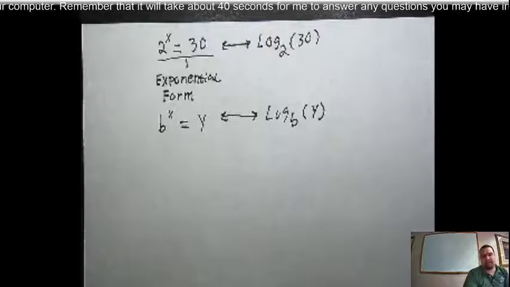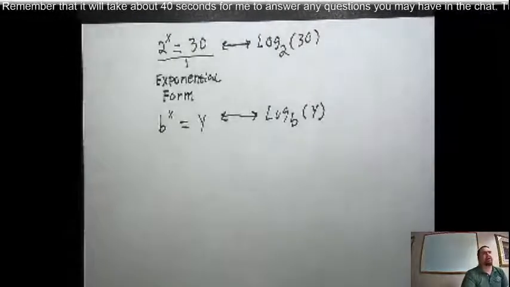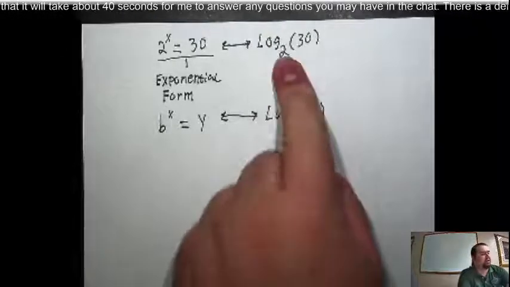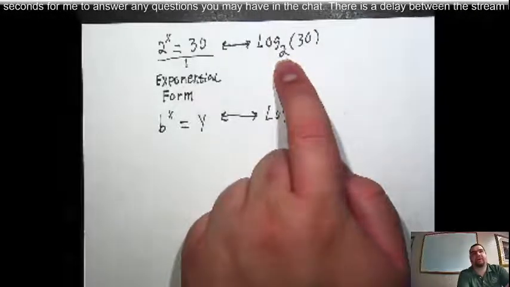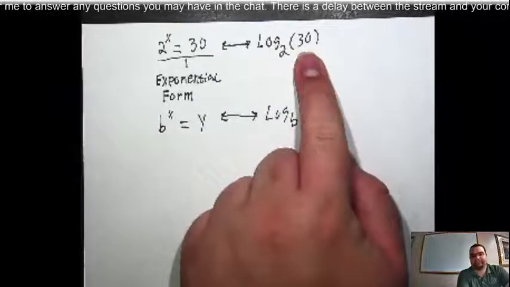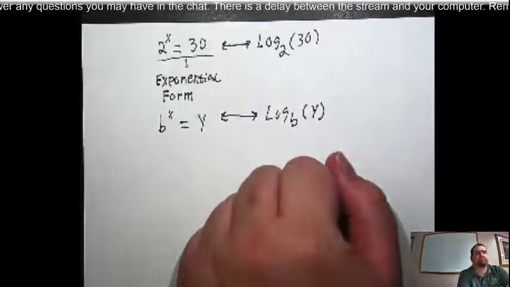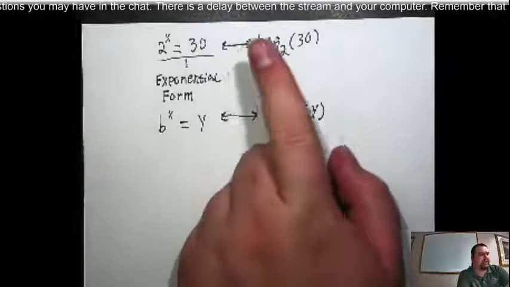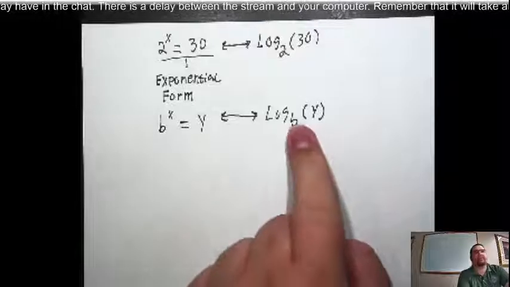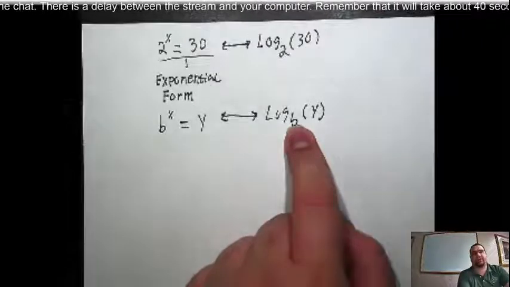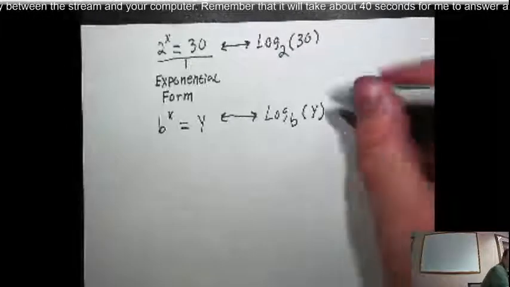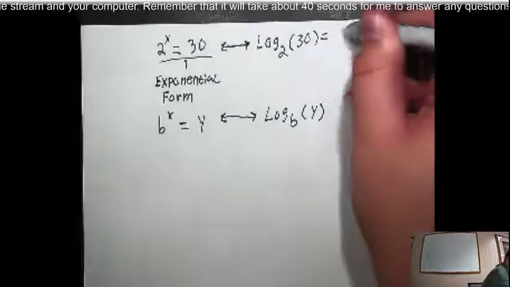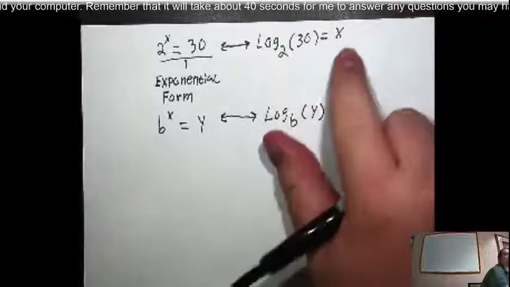So what this says so far is if we are counting in powers of 2, how far do we have to go until we get to 30? That's what a log says. Again, if we're counting in powers of this number, how far do we have to go till we get to this number? So in this case, we'll have to go x amount of distance.